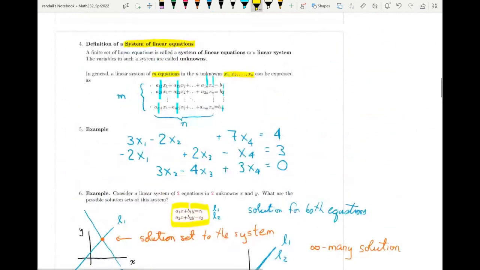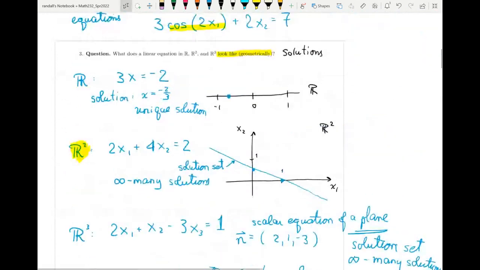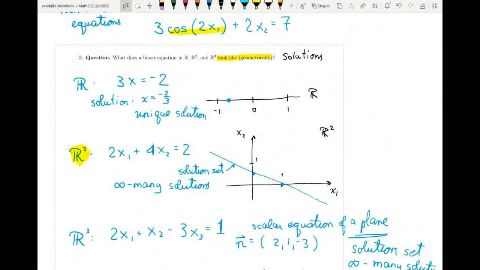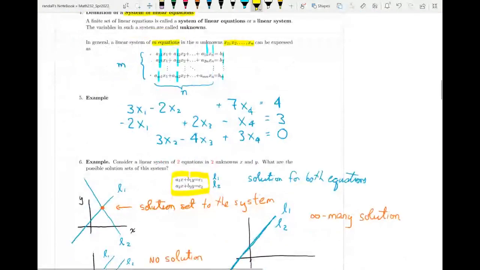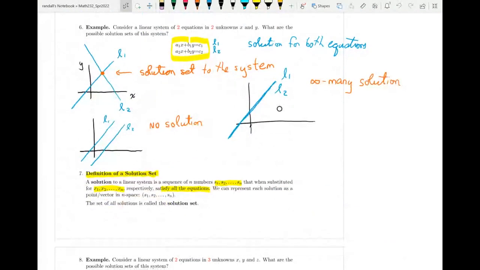What I was discussing up here in my examples is just single equations and their solutions. Now we're talking about something more complicated. We're asking for solutions that satisfy all the equations, not just a single one. So the solution set would be the collection of all these n-tuples, in this case S1 to Sn.